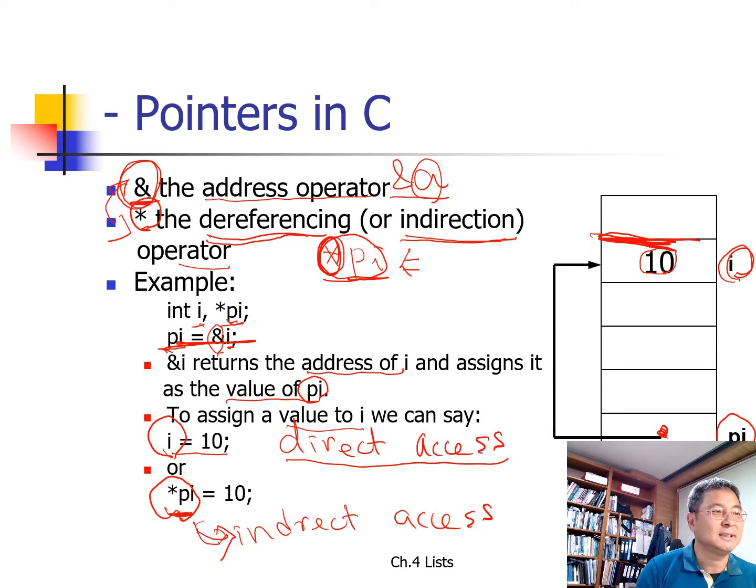So 10 will be assigned to variable i, at this memory space. And asterisk pi means that pi has the address, and the contents at that address will be assigned as 10. Those meanings are exactly the same. So 10 will be stored at this memory space.